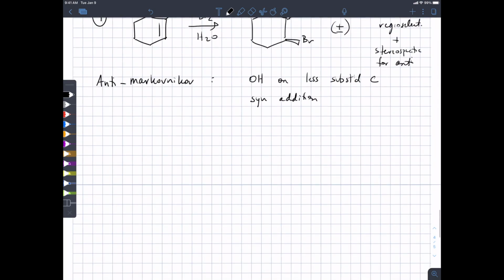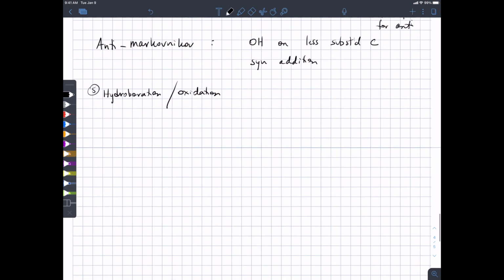All right, so this reaction is called, and it's reaction number 5, hydroboration oxidation. It's a two-step reaction sequence. And the effect is to do alkene hydration. You add water across a double bond, but you get the proton on the more substituted carbon and the OH group on the less substituted carbon.